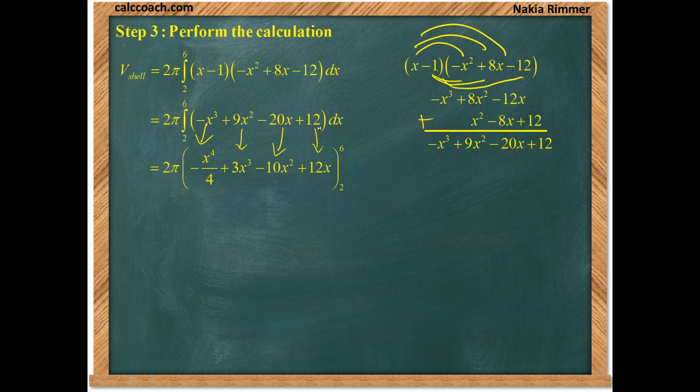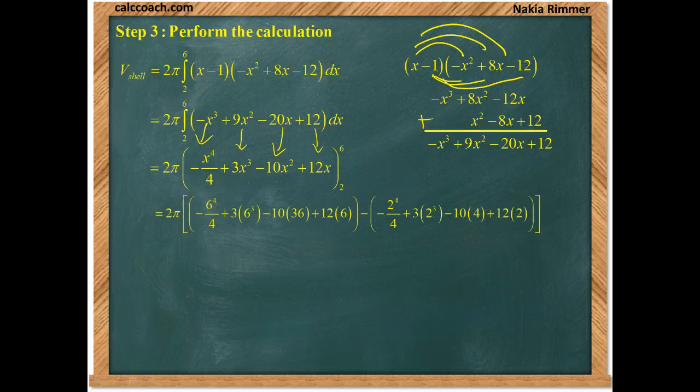Finding the antiderivative, the fundamental theorem of calculus says you're going to plug a 6 into this, then you're going to plug a 2 into this, and you're going to subtract. I know it's tedious to write this out, but it helps when it comes time to get the answer if you write it out like this. So here's the key. You don't have a calculator. Please don't take 6 to the 4th power.